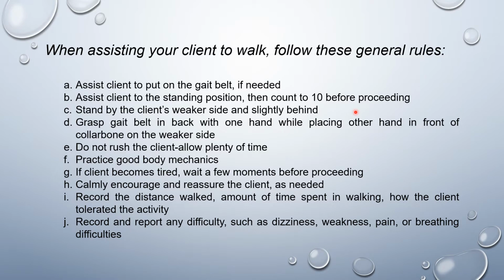So grasp gait belt in back with one hand while placing other hand in front of the collarbone on the weaker side. Again, our demonstration is done by facing the client, but you could also walk side by side with the client, granting that you are slightly behind.